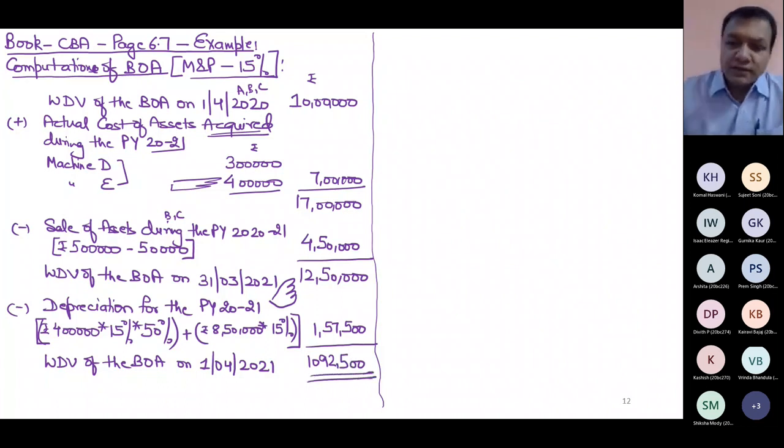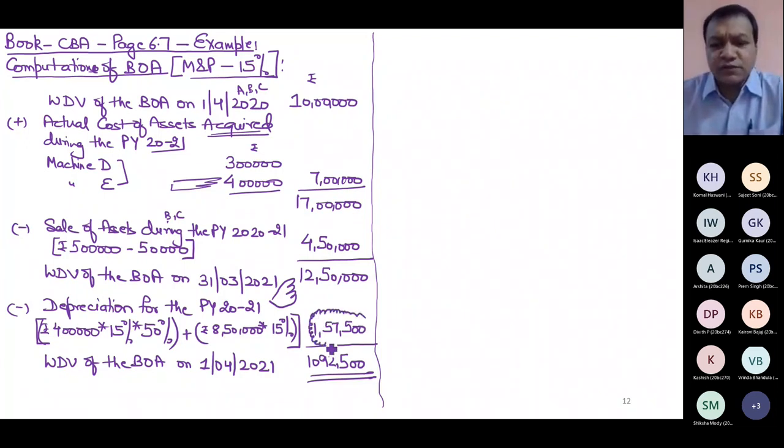That's it. So what is relevant for me now? This 157,500. The entire exercise is on calculation of this 157,500. Because this amount I will show on the debit side of my P&L account, 157,500. That's it. This is how I need to solve the numericals of PGBP. I need to compute this point correctly.